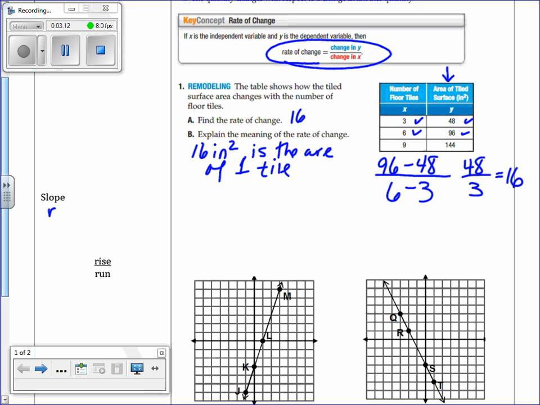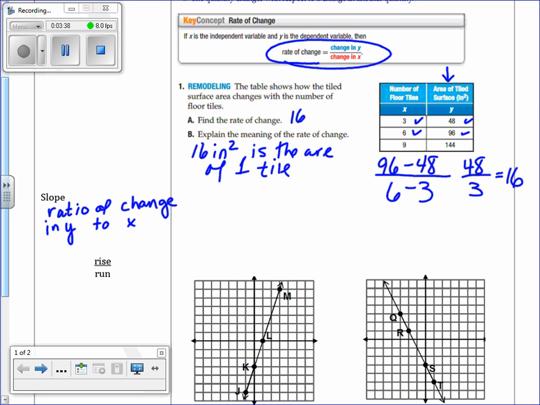It's the ratio of change in y coordinates to the change in x coordinates, all right? So it's the ratio of change in y coordinates to x coordinates.